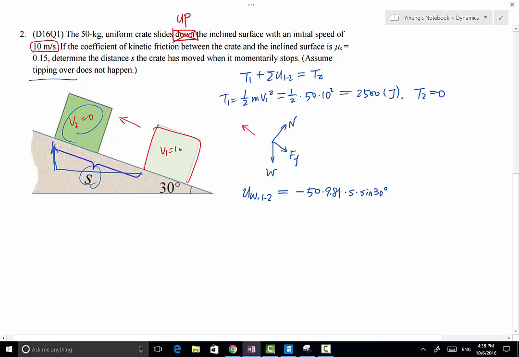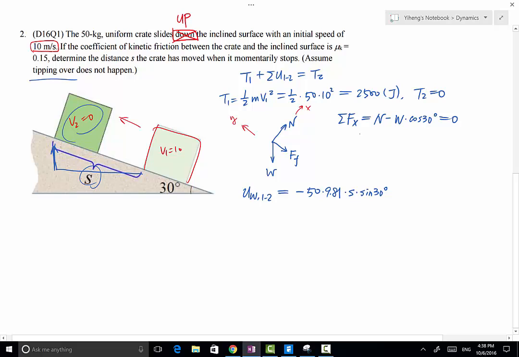And what about the work done by the frictional force? For that, we need to determine the frictional force. So we can summarize the direction. Let's say this is my x direction and this is my y direction. We can sum the resultant force along the direction perpendicular to the incline because there's no movement along it. Therefore, the resultant force should be 0, which equals normal force minus w times cosine 30 degrees, equilibrium.